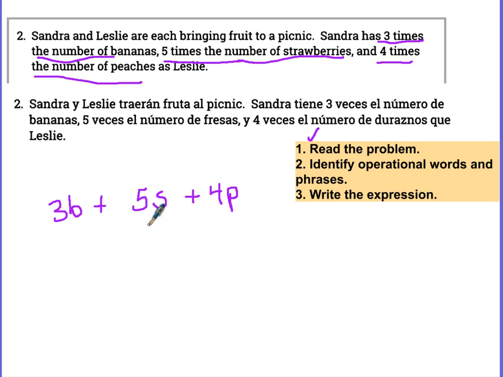And we want to know how much fruit Sandra brought to the picnic. Well, this is what Sandra brought. 3 times the number of bananas, 5 times the number of strawberries, and 4 times the number of peaches as Leslie.